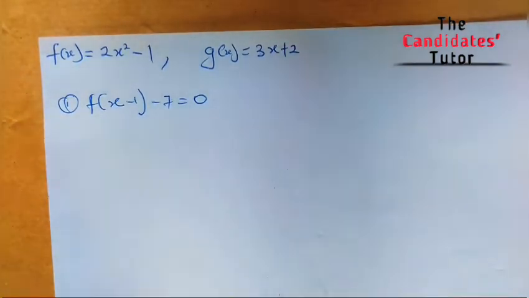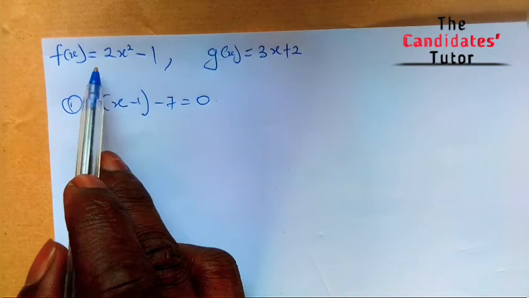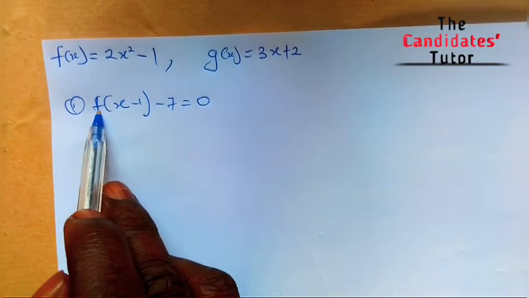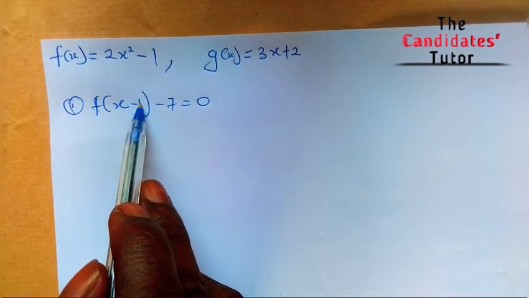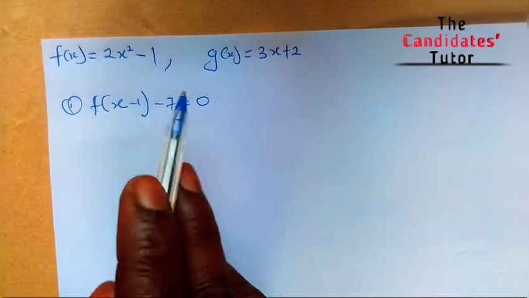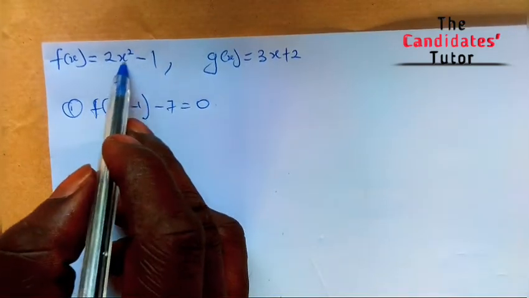Okay, so what we first do is that this is the function. Wherever we see x, we are going to put x minus 1 there. So this is what we are going to do. This is the function, 2x squared minus 1.